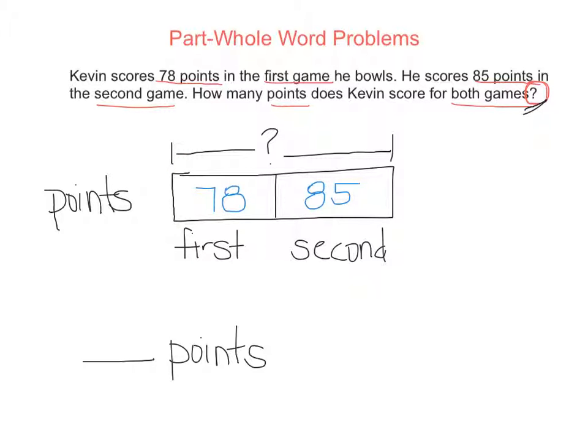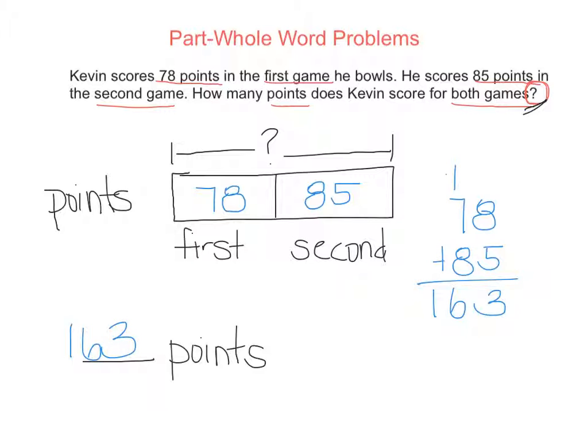So I'm going to come over here to the side and do my work. I'm going to do 78 plus 85. I'm going to add. 8 plus 5 is 13. I have to carry the 1. 7 plus 8 is 15, and add the 1 that was left over, which makes 16. So my answer is that Kevin scores 163 points.